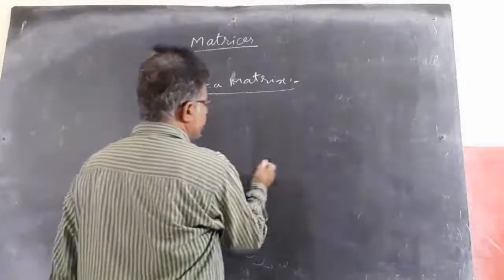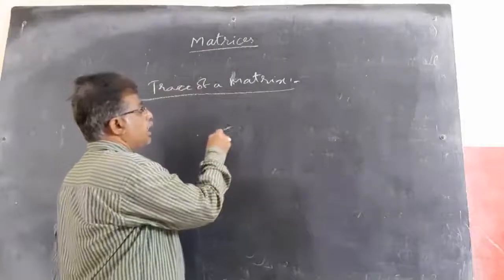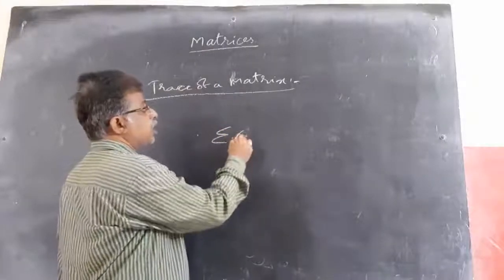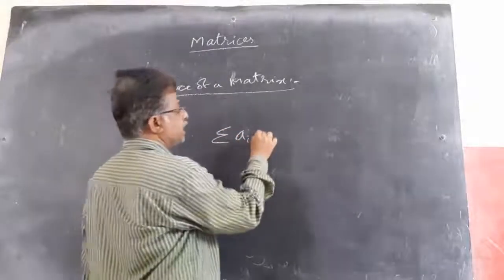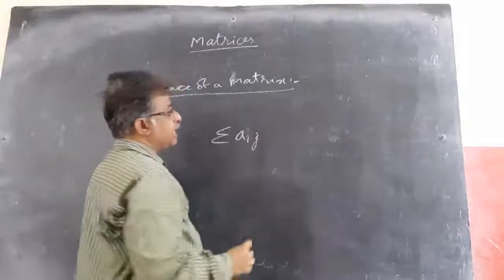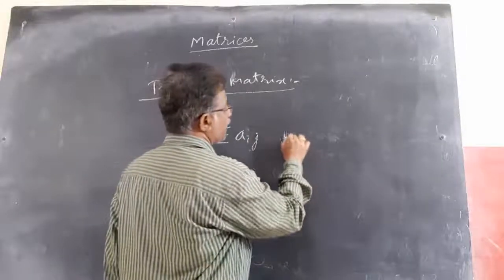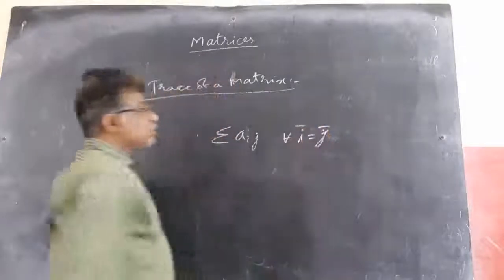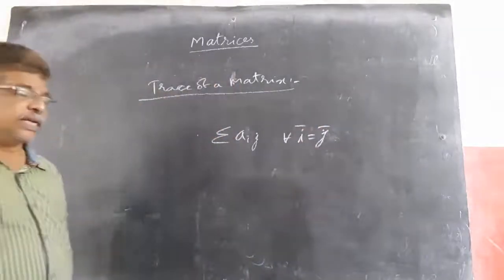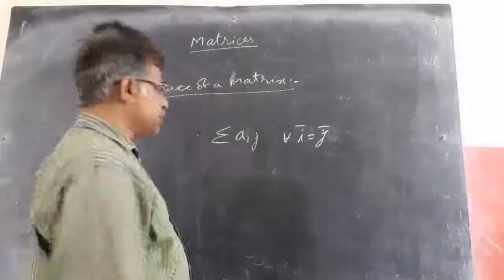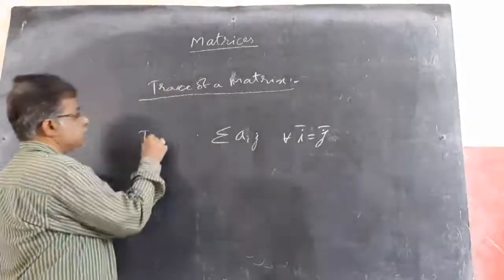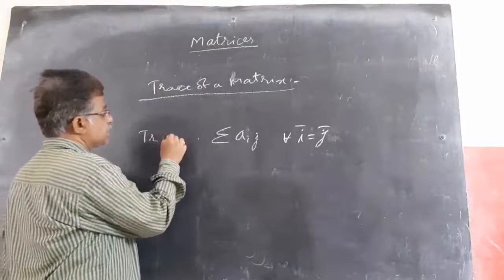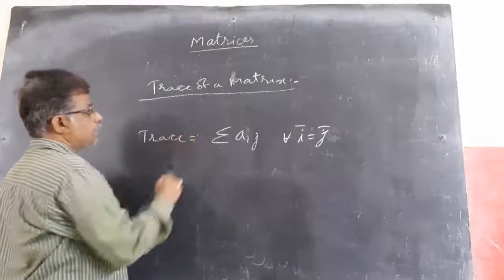Sum of the elements in the principal diagonal means sigma of Aij for every i equal to j. In a matrix, sigma of Aij for every i equal to j is called the trace of the matrix.